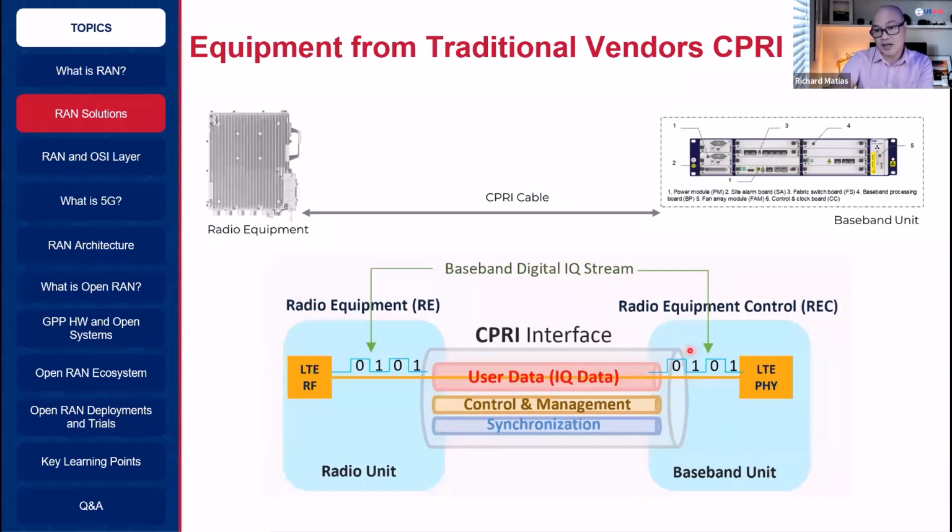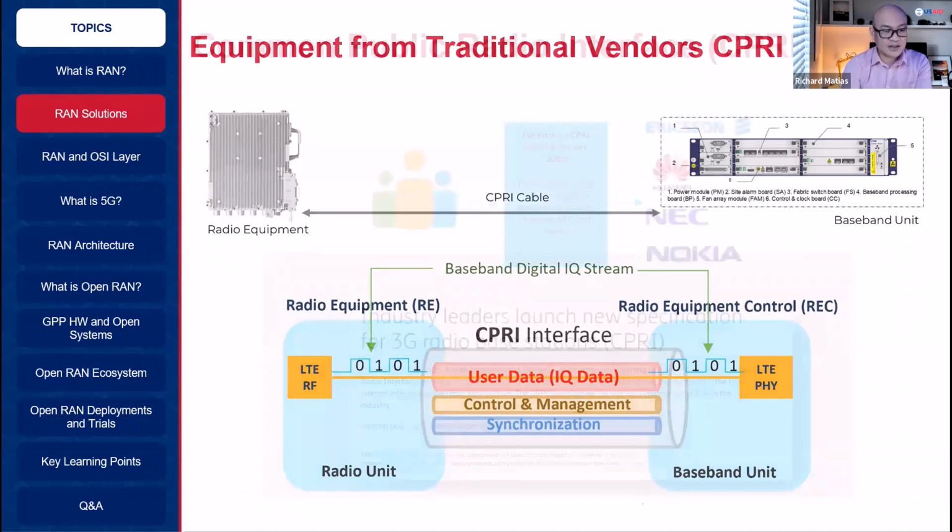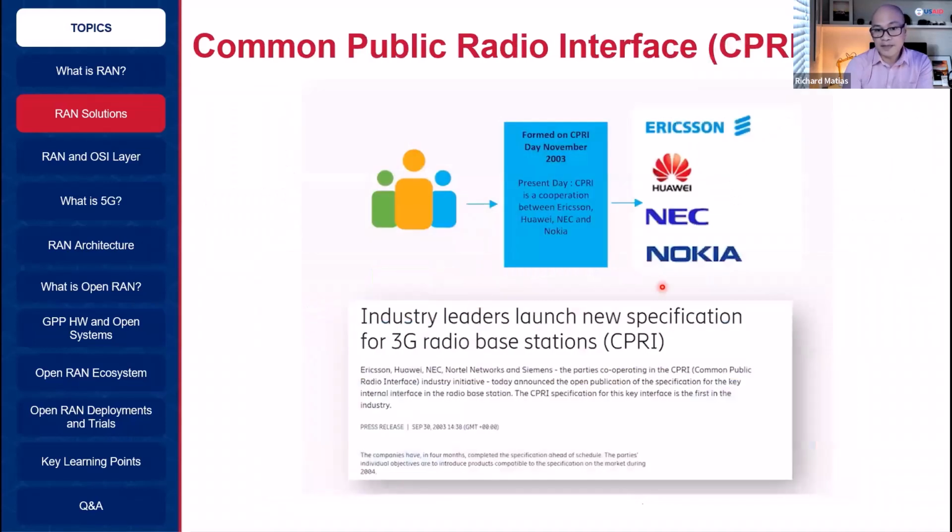For example, you get a CPRI from Ericsson and then you use it on the equipment of ZTE. It's not possible because there is a proprietary protocol used and designed by vendors like Ericsson, Huawei, NEC, and Nokia. They are the ones who developed these specifications of CPRI. Now, when we talk about 5G, there is an upgraded version of CPRI. We call it eCPRI, enhanced or evolved CPRI.